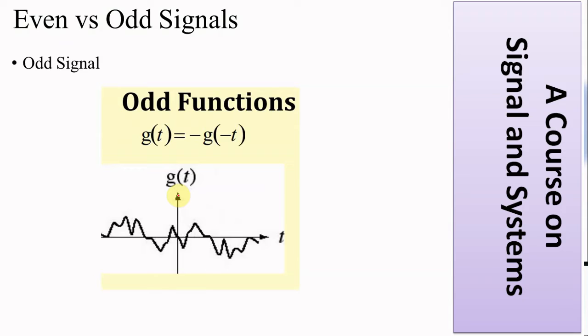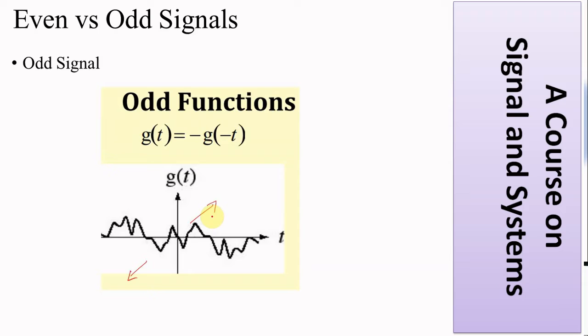Here, if we replace t by -t, the signal comes as the negative part of itself, and therefore, you can see, there is a mirror image, but now about the origin, which is not called mirror image. In this case, it is called antisymmetric about the origin. So the signal becomes antisymmetric about the origin.